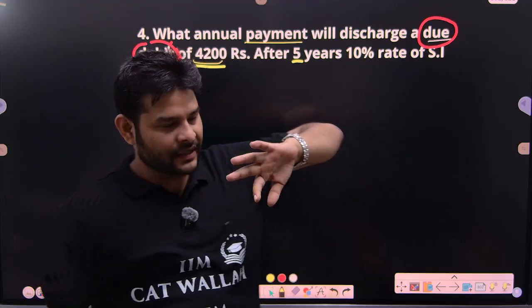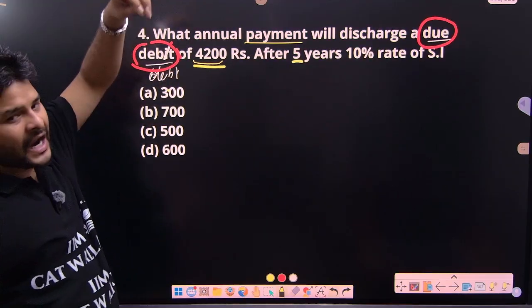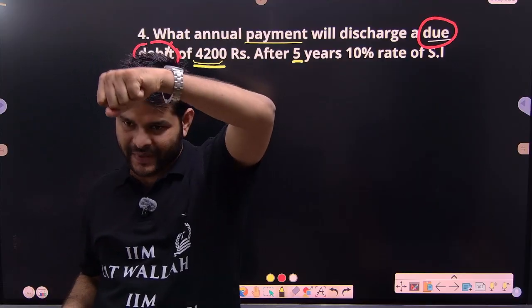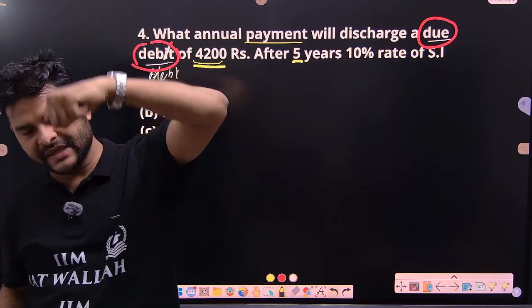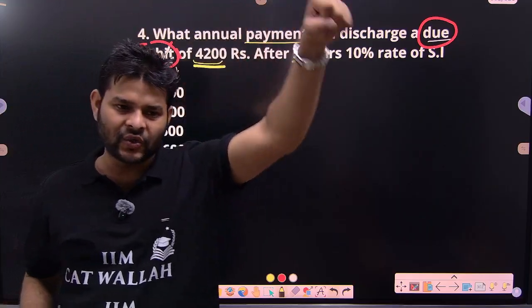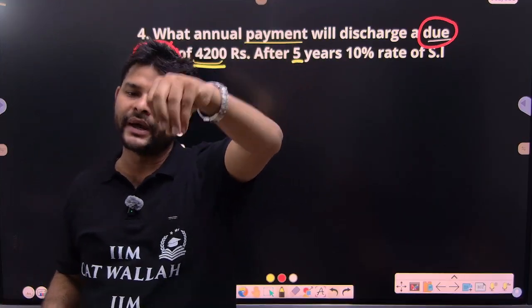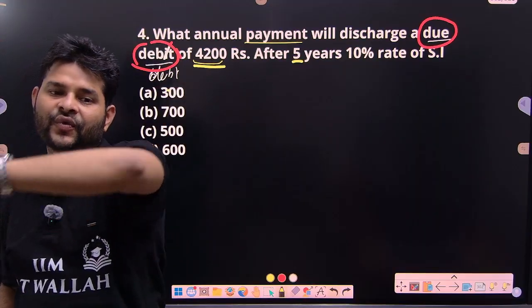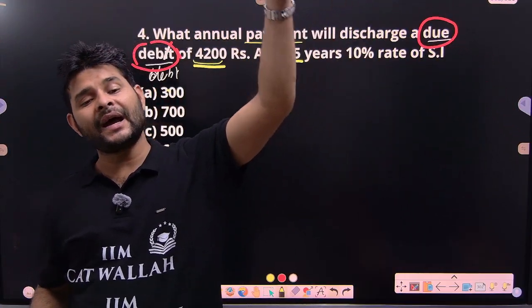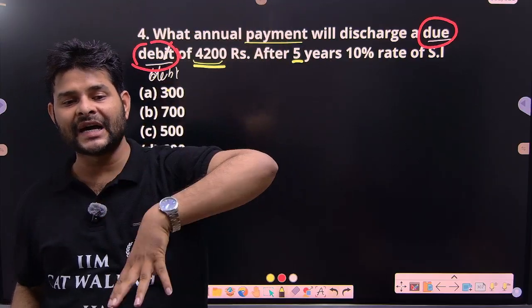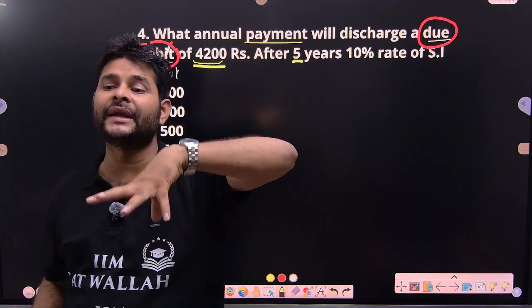In the same manner, the question is saying how much fixed installment I need to pay on a yearly basis for 5 years so that I would be able to discharge my 4200 due debt.